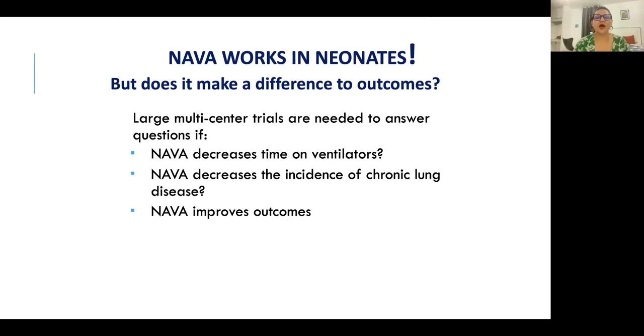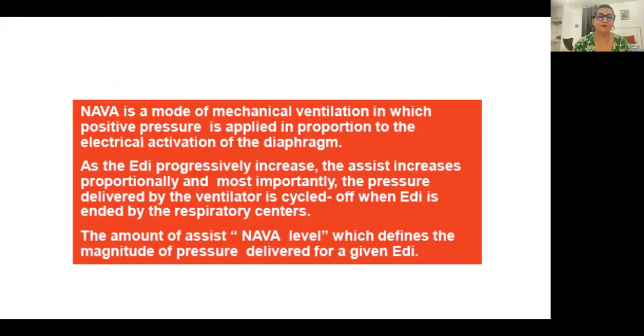You need large multicentric trials to answer whether NAVA decreases time on ventilator, decreases the incidence of chronic lung disease, or really improves the outcome before you hop to the new ventilator mode. And I would suggest that you don't jump into even CPAP or NIPPV unless you have done proper hands-on training before you go.